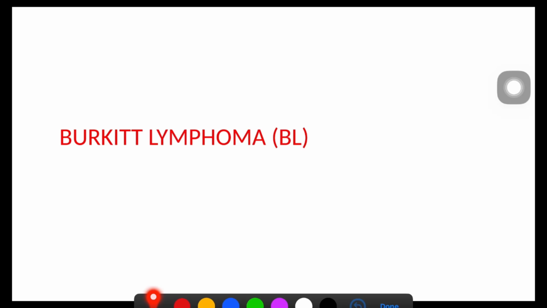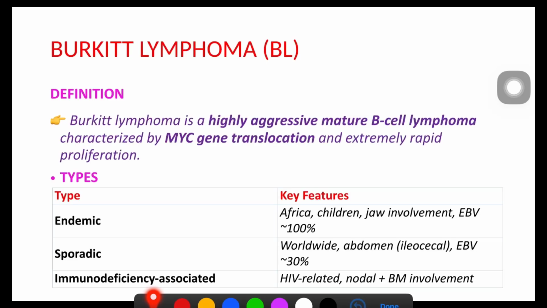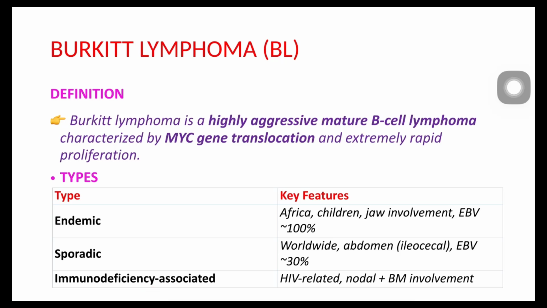Now let's see Burkitt lymphoma. It is a highly aggressive mature B cell lymphoma characterized by MYC gene translocation and having extremely rapid proliferation. It is endemic in Africa, where children are affected with jaw involvement, and Epstein-Barr virus is the hallmark.